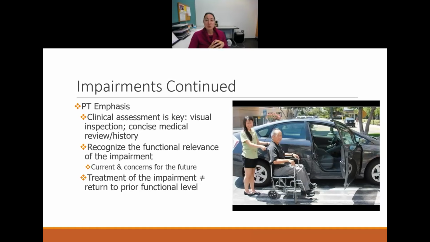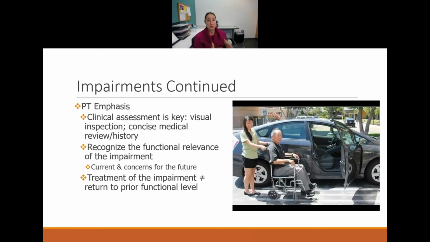If their hip adductors get really tight and their legs are kind of stuck closed, the functional relevance is that they may not be able to open their legs enough to properly clean them. Well, now we have another problem. We have UTIs, bladder infections. We have skin breakdown on their bottom because it's still wet, not getting clean. So you want to look and say, okay, for this person, this is going to be functionally what's really important.